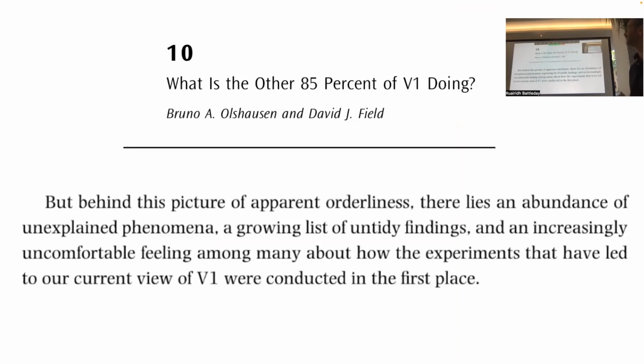So I'm gonna talk about this chapter, and Olshausen and Field claim that we just know 15% of what V1 does, and the other 85% we're kind of unaware of. Basically, they say the neurophysiologist who goes looking for neurons does some kind of biased sampling.